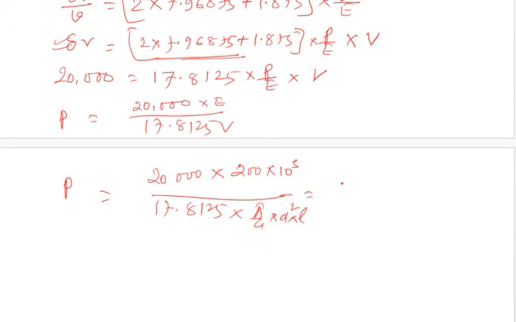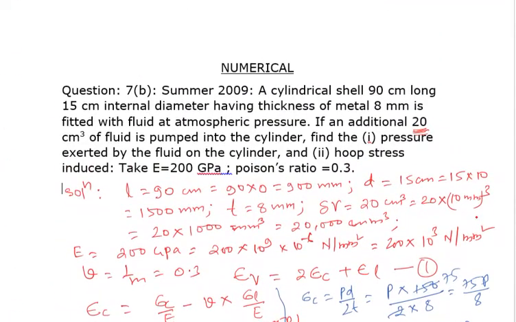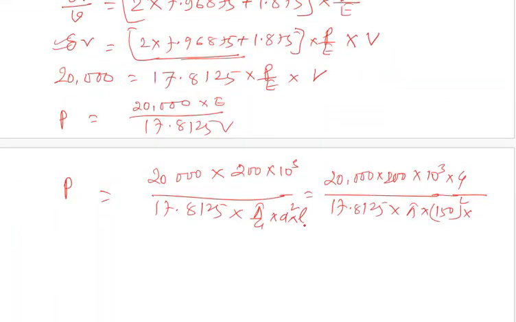Let's put the value of d and L. 20,000 into 200 into 10 to the power 3 by 17.8125. This 4 will go off, into pi. D is given, that is 150, and L is also given, that is 900. Am I right or not? L is given, the value of L is 900. Let's put the value of L, that is 900.